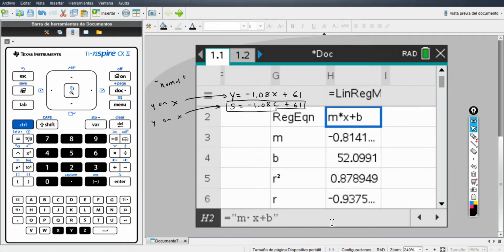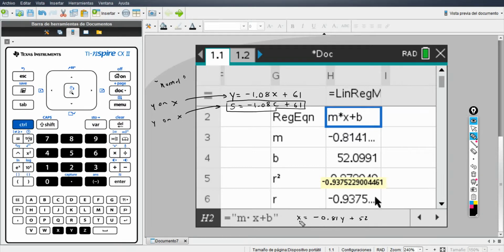And I'm going to do it in here. Okay, so now this is going to look like this. Now remember, the roles are interchanged. Now I have the x in here and the y is going to be in here, and now the slope is minus 0.81 y plus the intercept, which is 52.